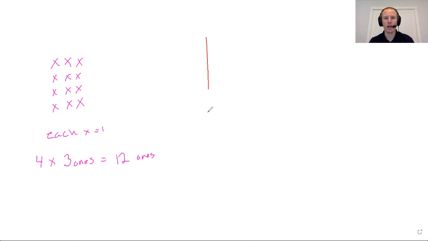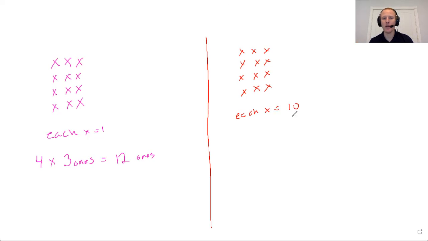Now let's take a look at what we're going to do today with multiplying by tens. I'm going to draw the same array, but this time, you notice I'm doing it in a different color. This time, each x is going to be worth 10. So each x equals 10 this time, and I have 4 rows times 3 tens.